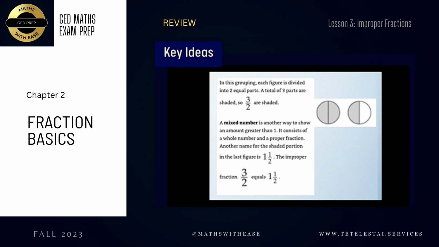They're just written in different ways. So a key point to remember here is that anytime you see a top heavy fraction, you can reduce it to a mixed number, and that mixed number is equal to your top heavy fraction in the sense that they're expressing the same quantity, but in different ways.